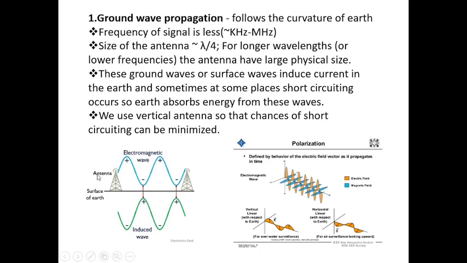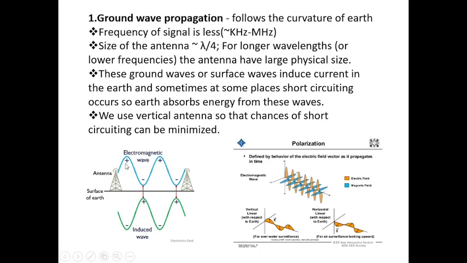Here the electric field vector is perpendicular to the ground surface. If the electric field is perpendicular to the ground, these are called vertical antennas. So whenever these ground waves are propagated, they are also called surface waves.